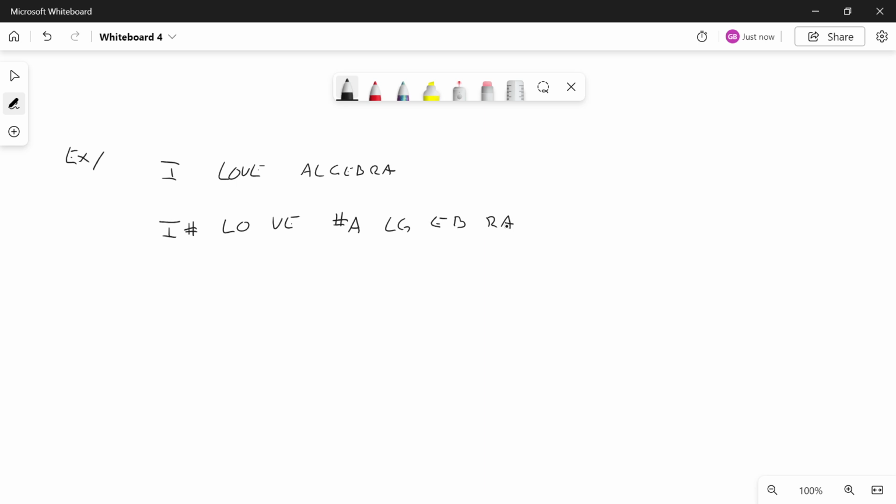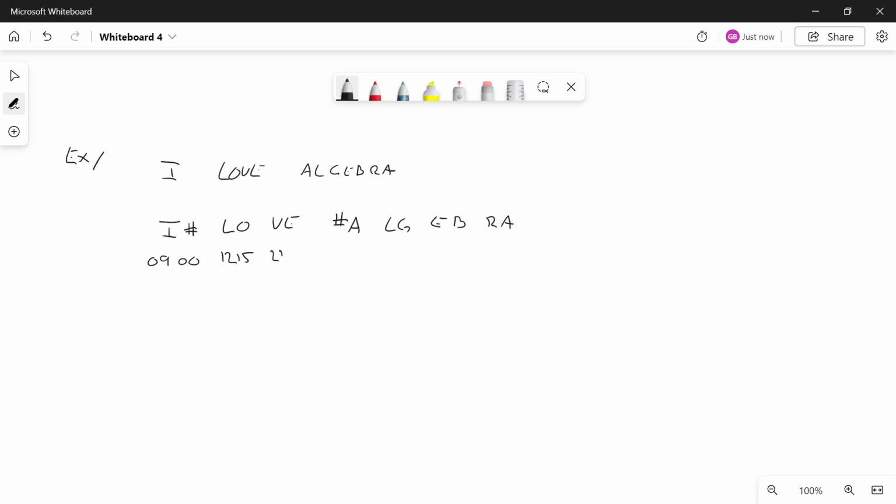So now, from before, I'm assigning a two-digit number to each one of the spaces and each one of the letters. So I had a two-digit value of 09, space is 00. So I space is 0900. LO, L is 12, O is 15, so this message is 1215.